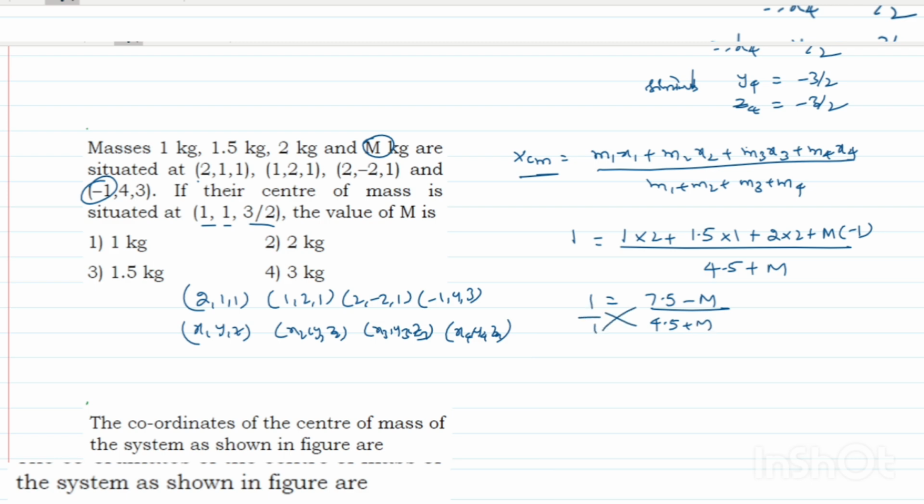Now we cross multiply this: 4.5 plus m is equal to 7.5 minus m. Bringing this to one side it is 2m, 7.5 minus 4.5 is 3, so the mass value is 3 by 2, which is equal to 1.5 kg. In the same way, if you calculate YCM and ZCM, you will get the same mass, students. If you want you can try, 1.5 kg is the correct answer.